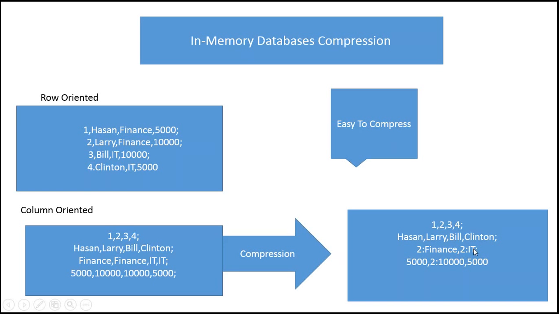These are the internal things, data compression also. Next, salary 5,000, 10,000, 10,000, and 5,000. How many 10,000? 2 times. That is the reason it indicates 2. Actually 5,000 appears twice, but the values should be in order one by one, then only it is treated as 2 of 5,000. This concept is called data compression. So it is easy to compress in HANA.